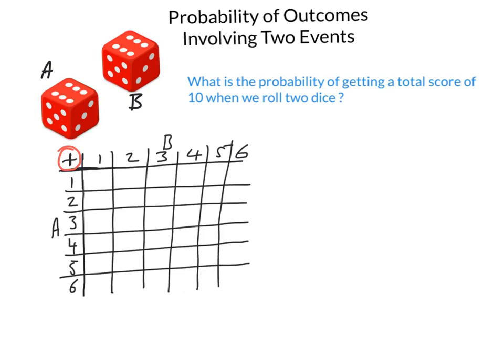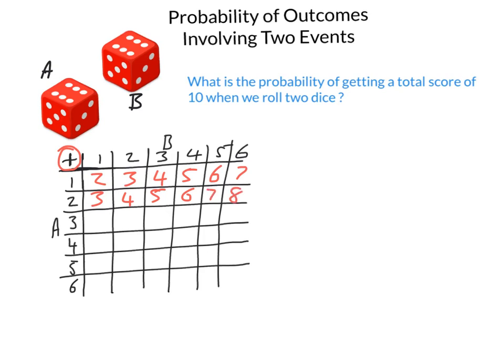And then we simply add the scores that we could get in dice A to the scores that we could get in dice B. So going across, we could get a 1 and a 1 giving us 2, a 1 and a 2 giving us 3, a 1 and a 3 giving us 4, and 5, 6, 7. Or we could get a 2 and a 1 giving us 3, a 2 and a 2 which is 4, a 2 and a 3 is just 5, a 2 and a 4 which is 6, a 2 and a 5 which is 7, or a 2 and a 6 which is 8.